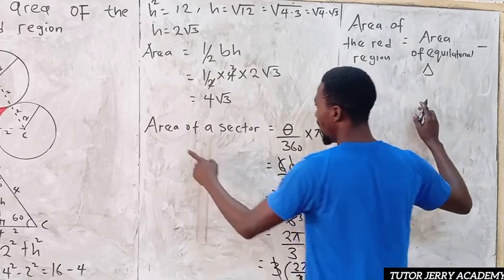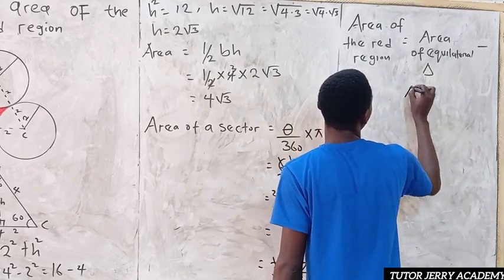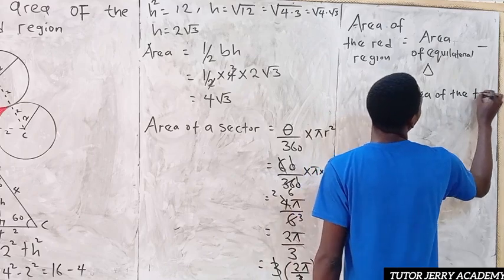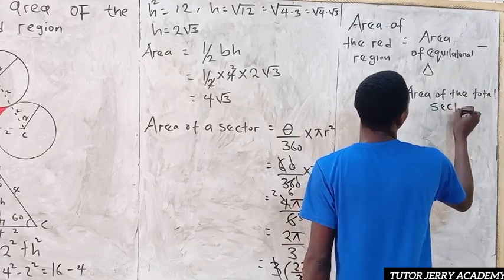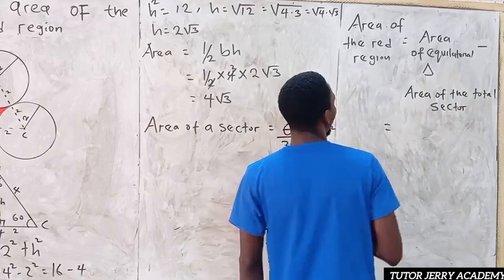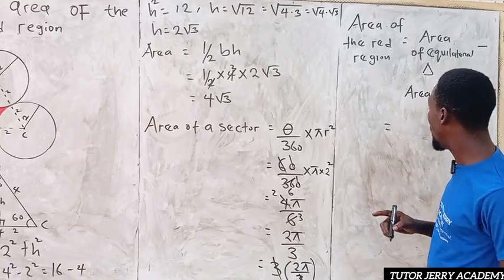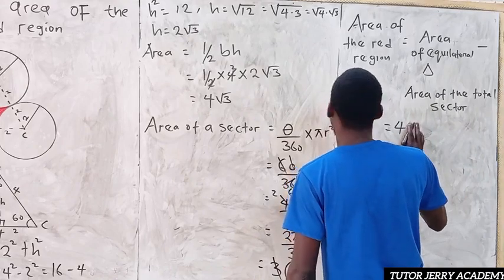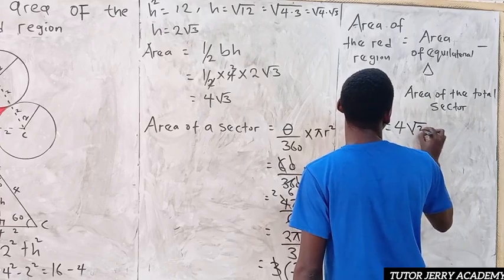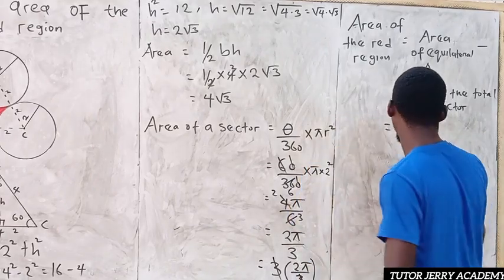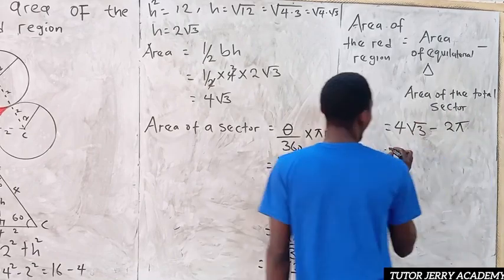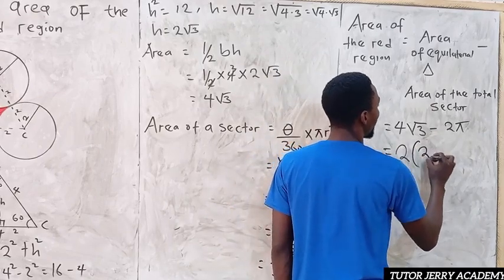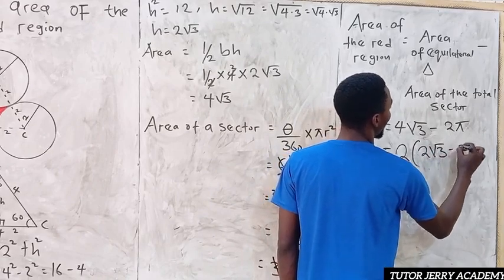Okay, let me just write it here. All right. So this will be equal to the area of an equilateral triangle ABC, which is 4 root 3, minus 2 pi. So here is our answer, or we can further factor out 2. 2 into here will leave us with 2 root 3, then minus pi.